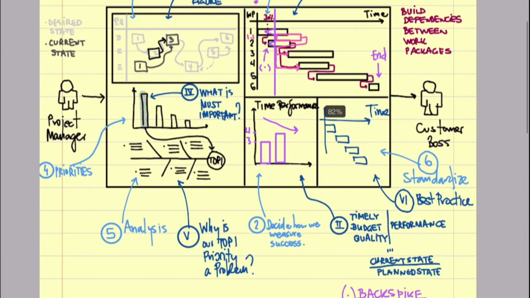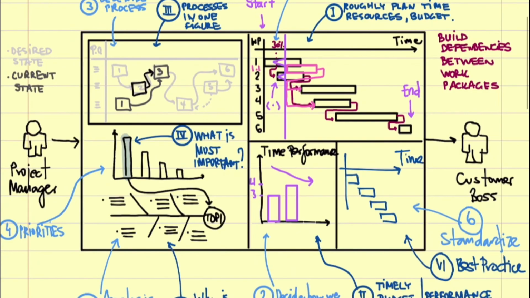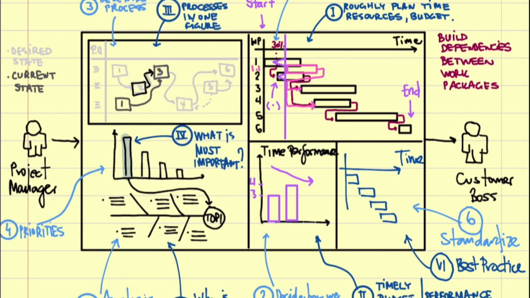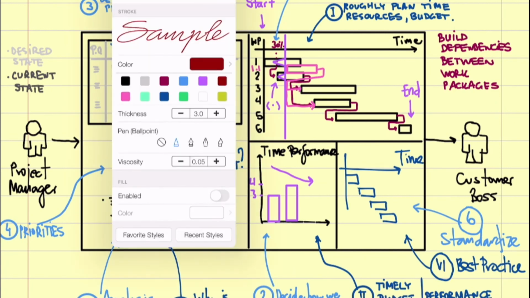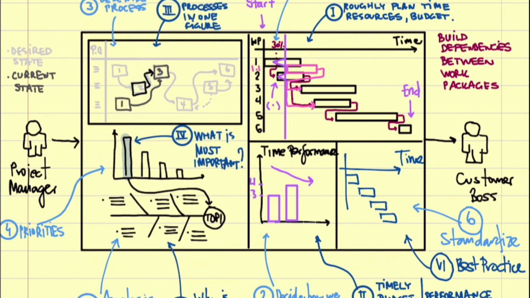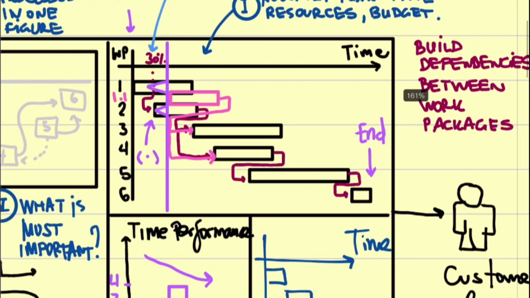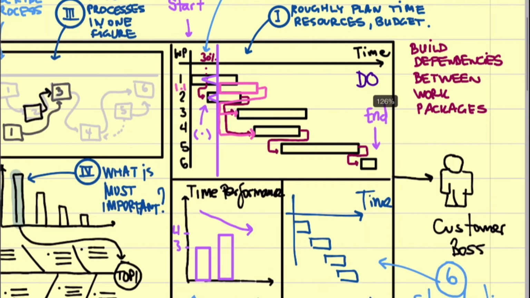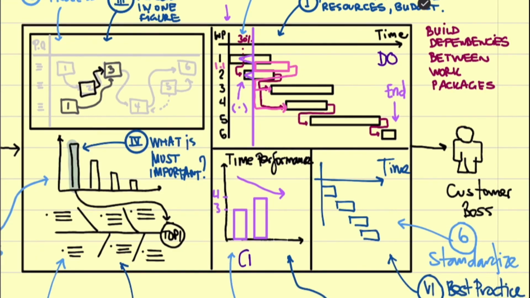So this is the project management standard we're going to use. We are going to call this similarly as before. Let me pick another color. This is called Do. This is called Check. This is called Plan.